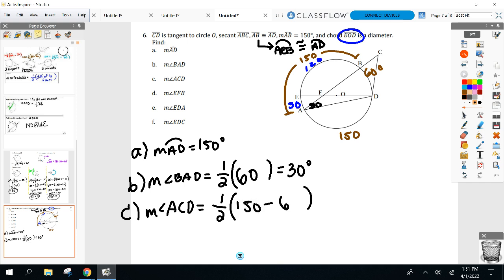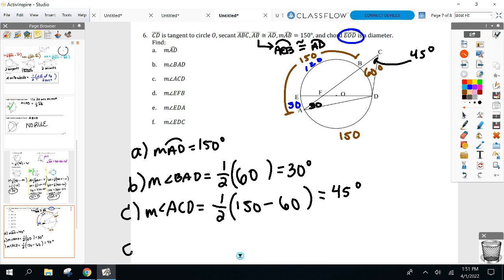Great job. 150 minus 60. Stop me if you don't see it. I'll highlight them for you too. Where'd I get the 150? All right, yep. Ready? We'll move angle ACD. See the 2 arcs in between? Yep. Hey, highlighting helps too. All right, so let me just put that in, that was 45. May need it.